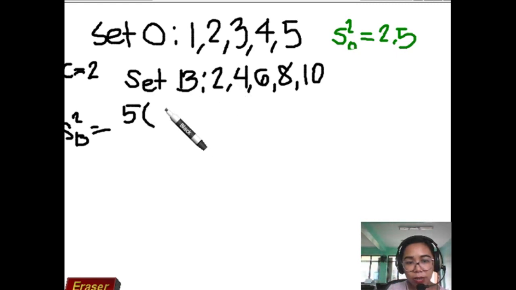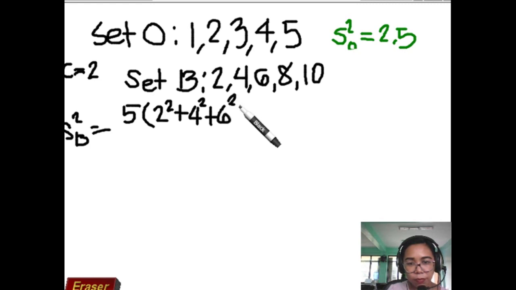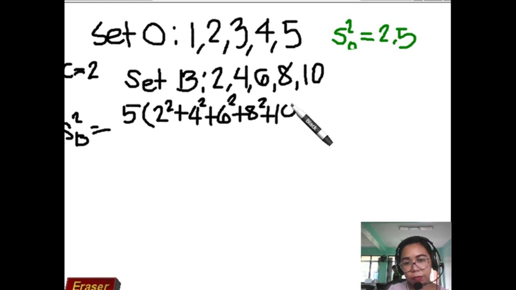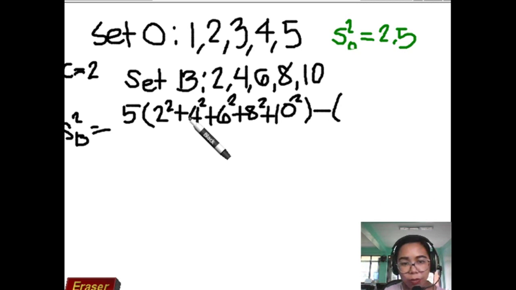Then we square each: 2 square plus 4 square plus 6 square plus 8 square plus 10 square.